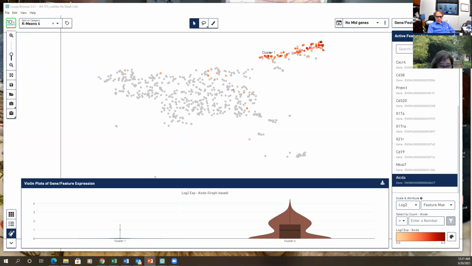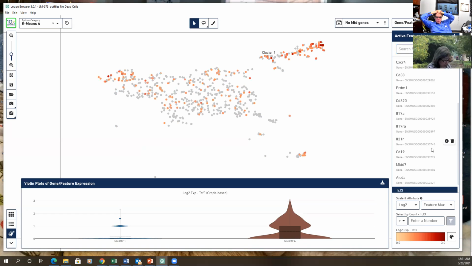IL-17 pathway, whatever that is. All right, so let me paste it over. E2A. Then TCF3. Okay. It's always 1, you know, the fat part of that curve is always at 1.